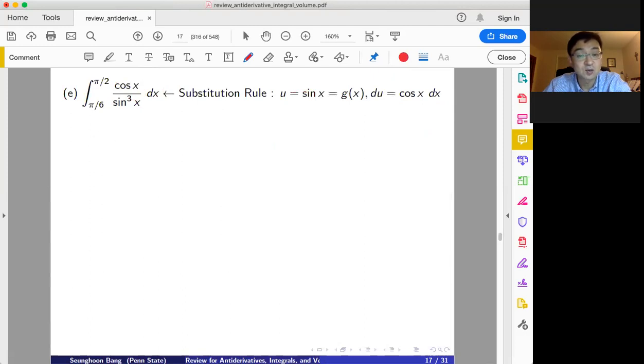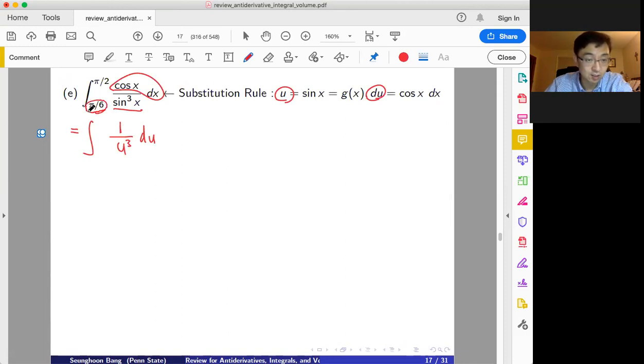You can change this one like this. Here, what is u? U is sine x, exactly. The cosine x dx is only du. We have changed it. Next, you need to change the lower limit and upper limit.